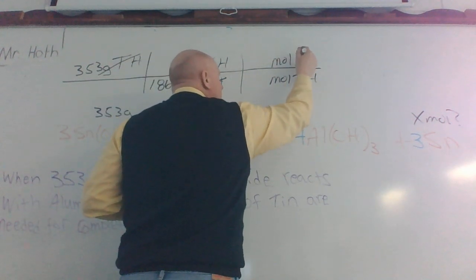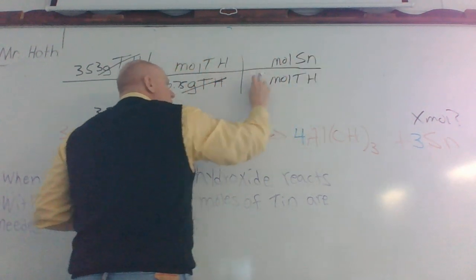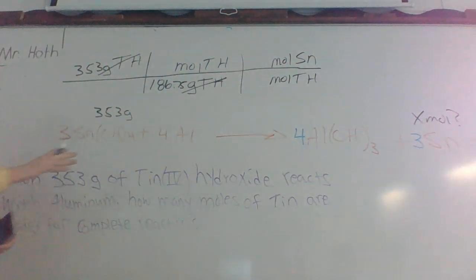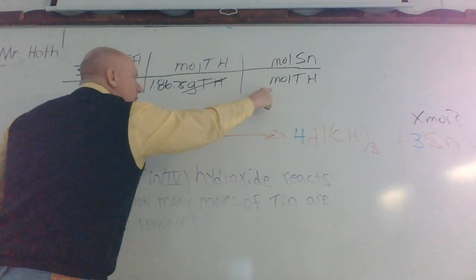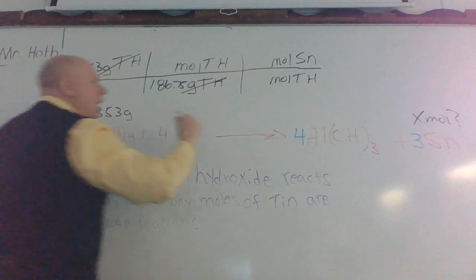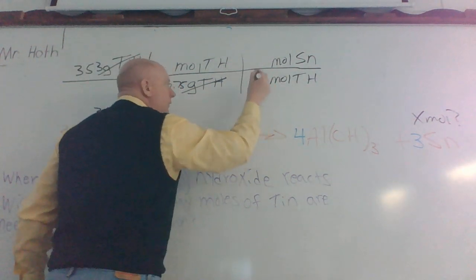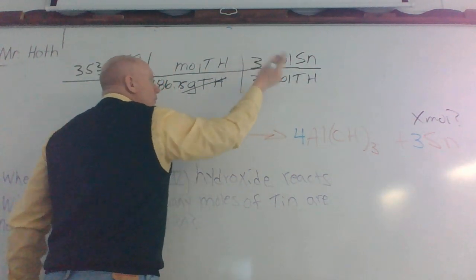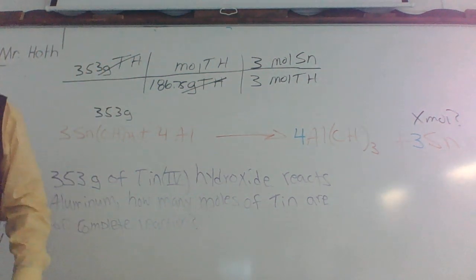So there again, we've got a mole ratio, which means you have to go back to your balanced chemical reaction. And should you have forgotten this step, would you still get the problem right? The answer is yes, because we're putting what over what? How many moles of tin hydroxide do we have? Okay. How many moles of tin do we have? So those would have canceled each other out anyway.